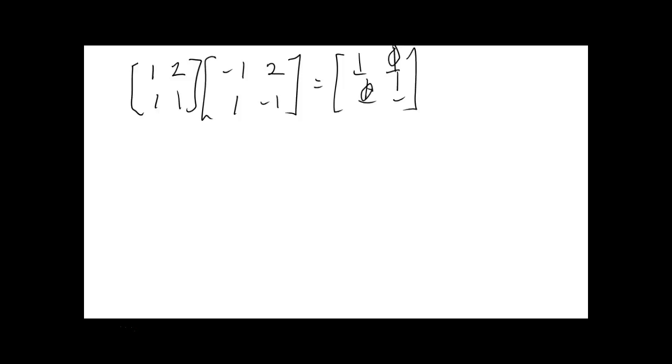Now, we don't have reciprocal matrices, but we do say this is an inverse matrix for that. Don't worry about it yet. We're not there, but just letting you know, anytime you multiply two matrices together and you get the identity matrix, then these two are okay.